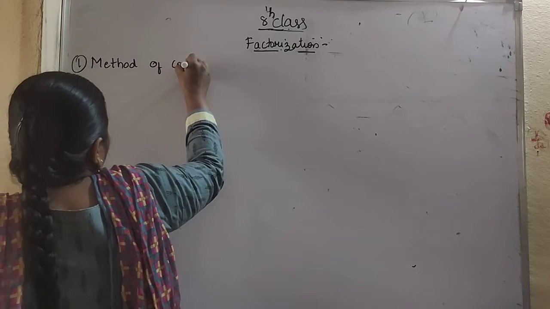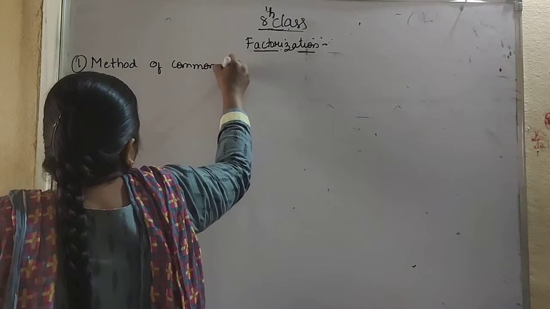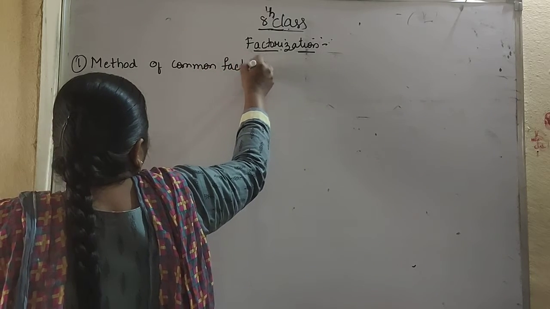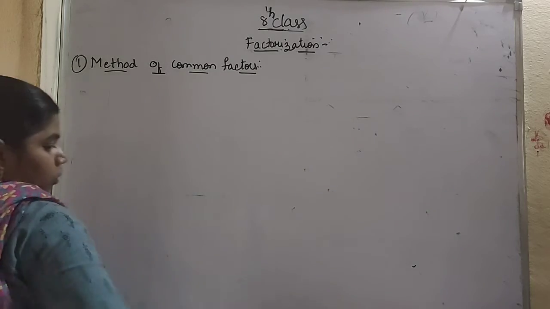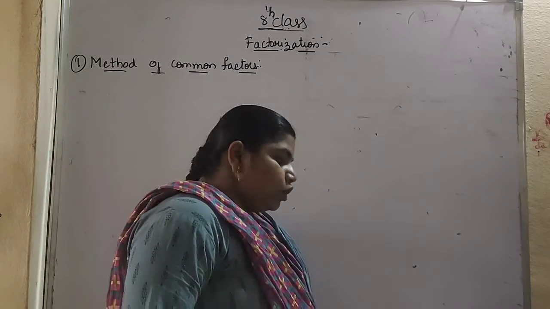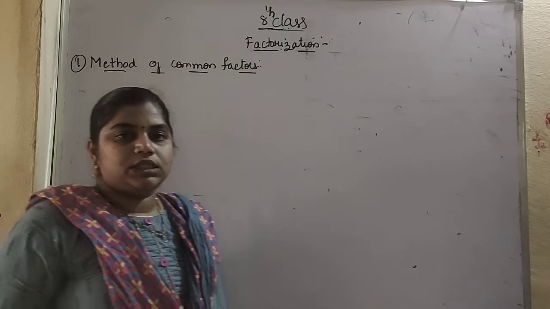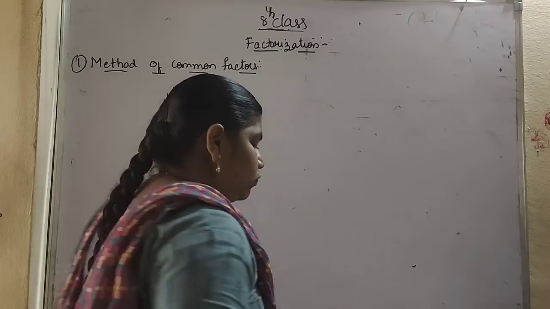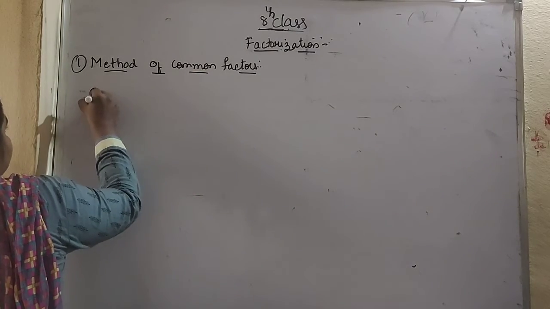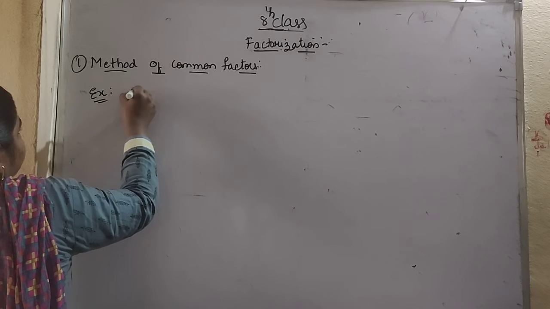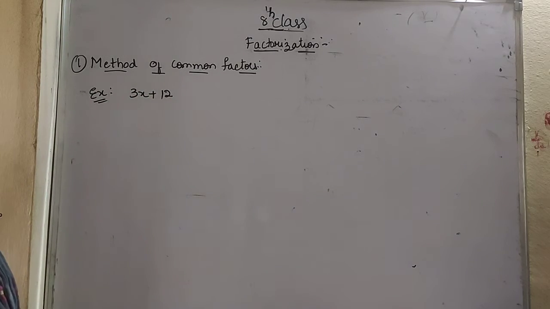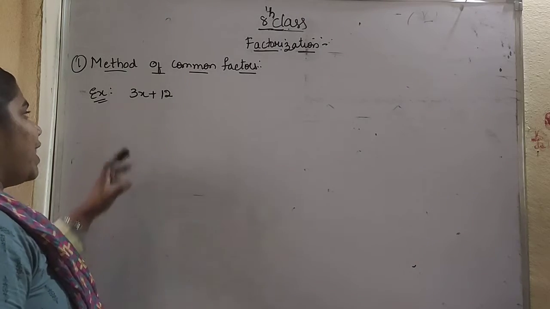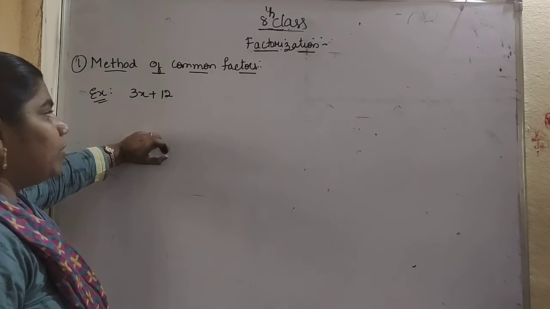Method of common factors. How to take out the common factors from the given expression, we will see. For example, I am taking 3x plus 12. I want to factorize this by taking the common factors.